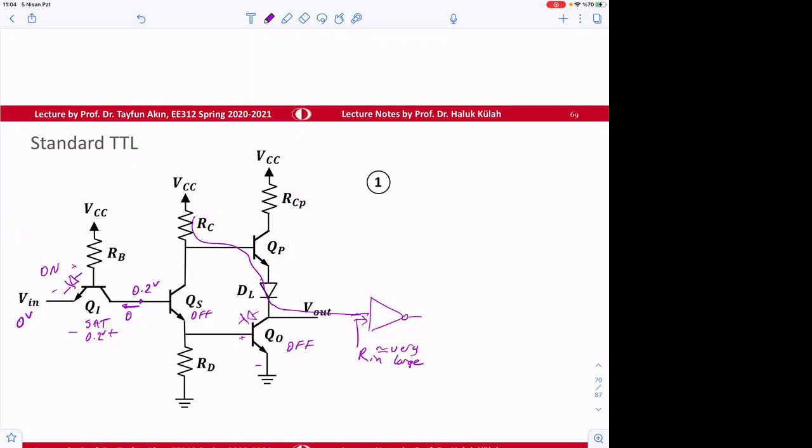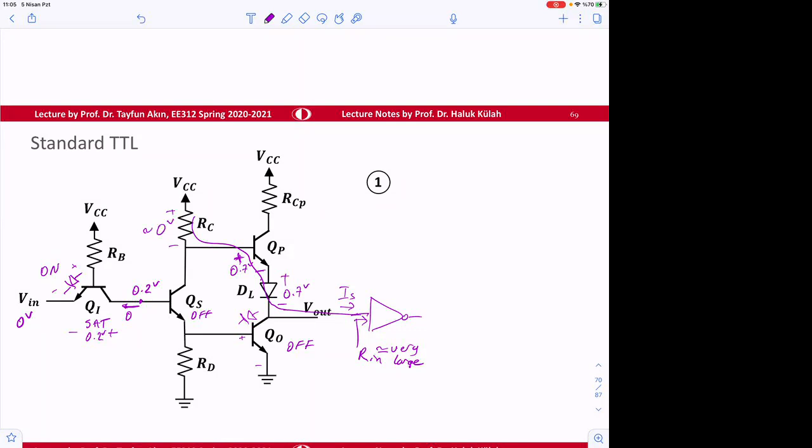So if that's very large resistance, there is a current path here. So this junction can, even there's a leakage current here, IS maybe, this is going to be turning on. So this will be 0.7 volts. This will be 0.7 volts. And then the current here is so small that this will be about 0 volt.